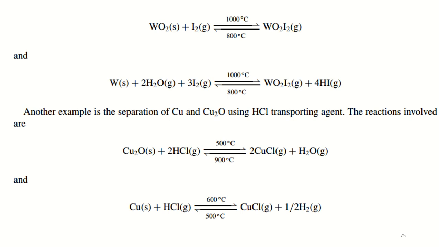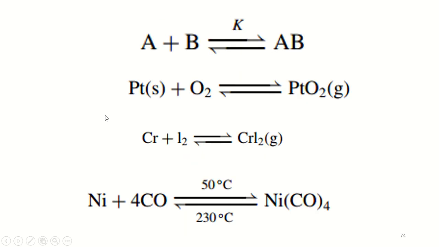Some examples of chemical vapor deposition methods are as follows, such as platinum solid changing subsequently into platinum oxide, while gaseous chromium iodide is formed by the reaction of chromium and iodine.